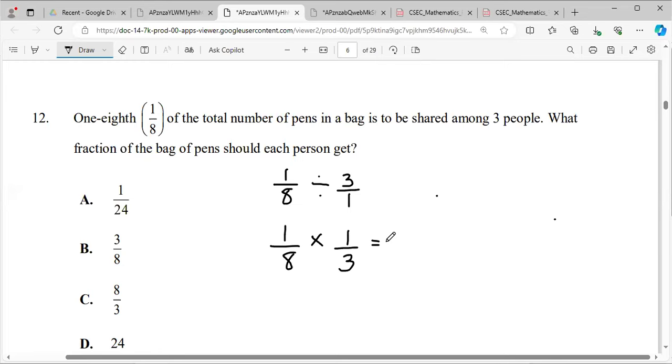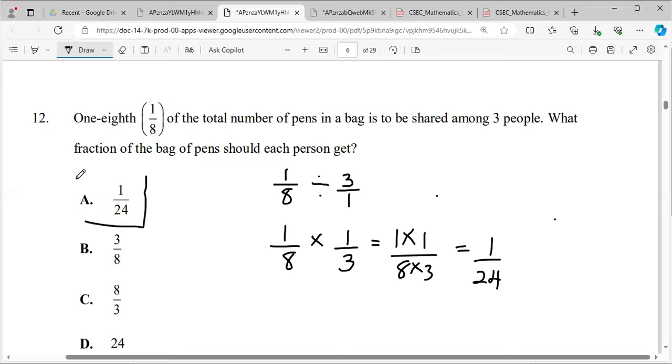So you're going to multiply across. So 1 times 1 equals 1, and 8 times 3 equals 24, sir. Sorry, sir. 24. I agree.